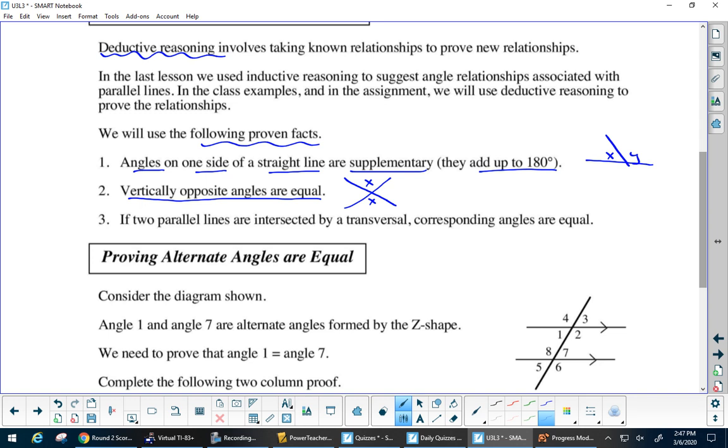That's a fact. Now, if two parallel lines are intersected by a transversal, so I got two parallel lines and they're intersected by a transversal, corresponding angles are equal. Okay, those are all facts.